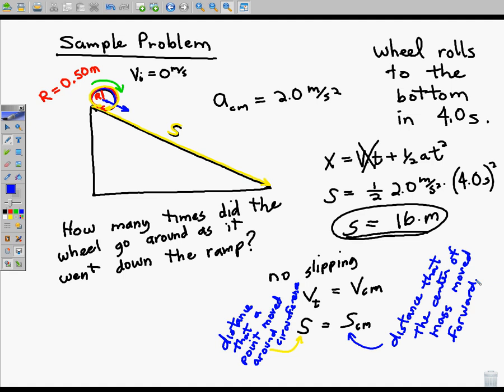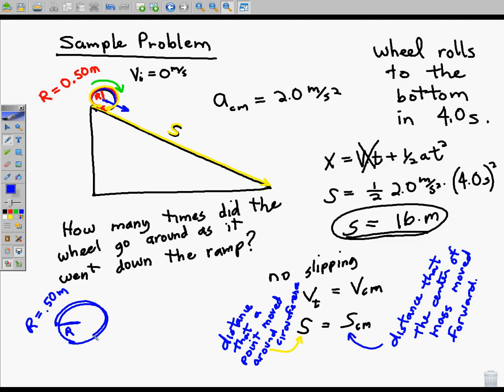So now we just look at that wheel, and if the radius r is 0.50 meters, what's the circumference, the distance all the way around?